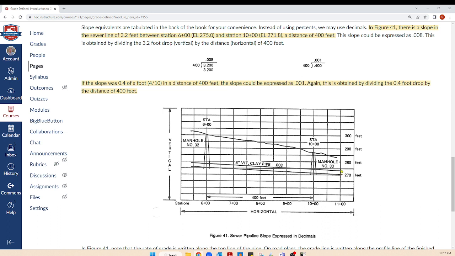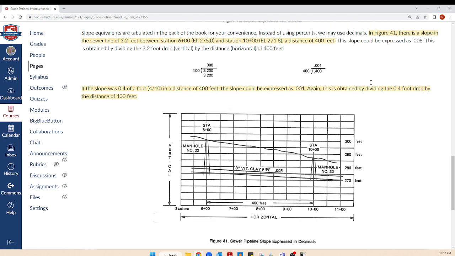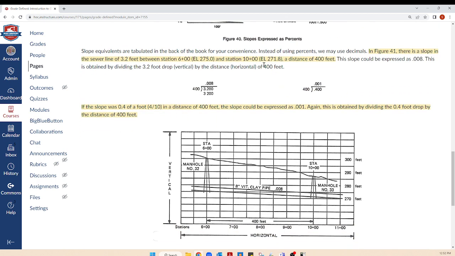Right here, this would be 275. So 271.8 would be somewhere in here. And the other distance is 275.